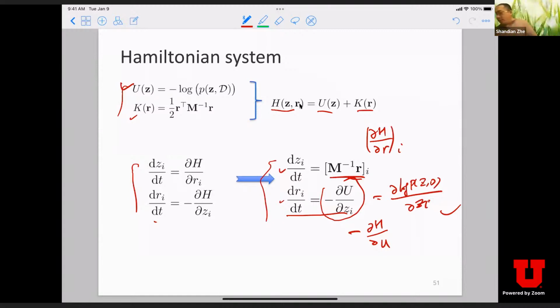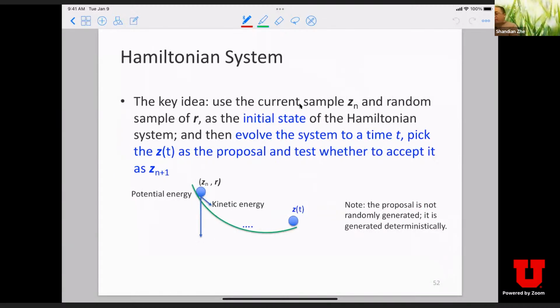Okay, now, given this Hamiltonian system constructed from our original probabilistic model, the key idea of HMC, Hamiltonian Monte Carlo sampling, is that at every step, we use the current sample Zn and a random sample of the momentum variable R as the initial state of this Hamiltonian system.